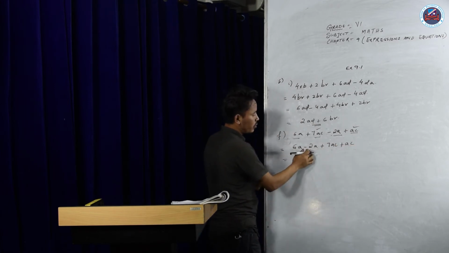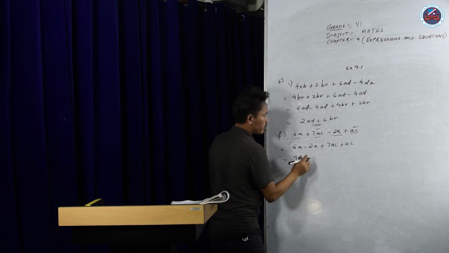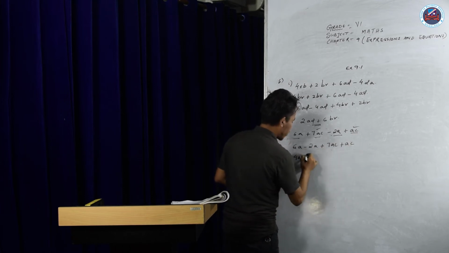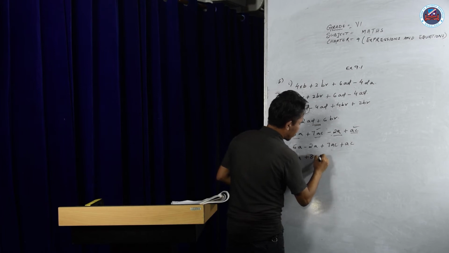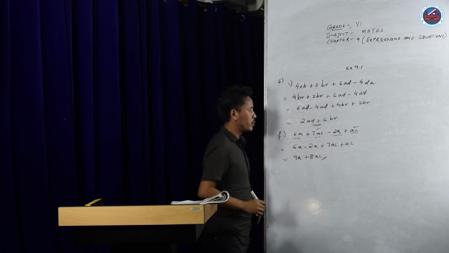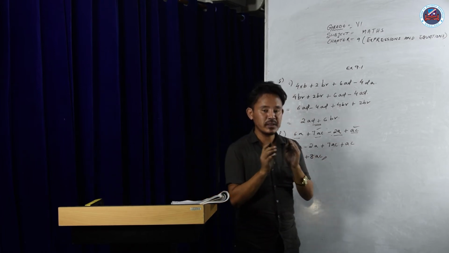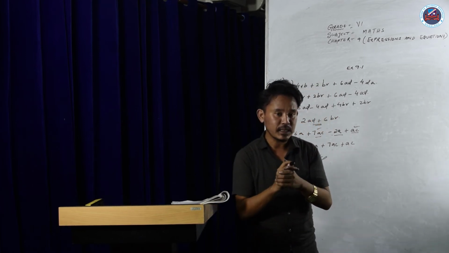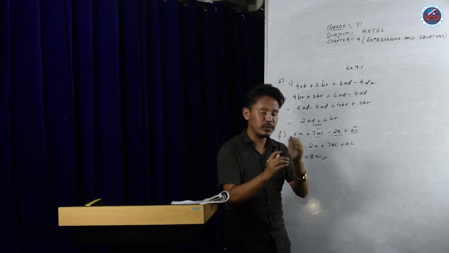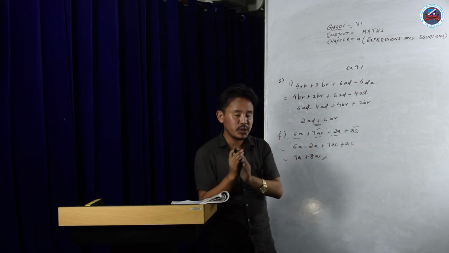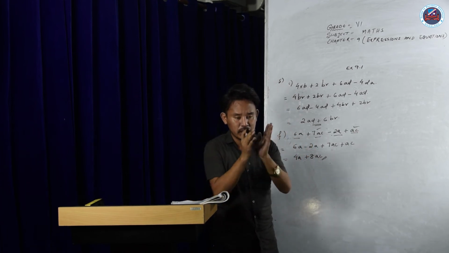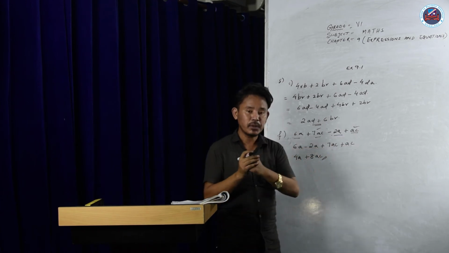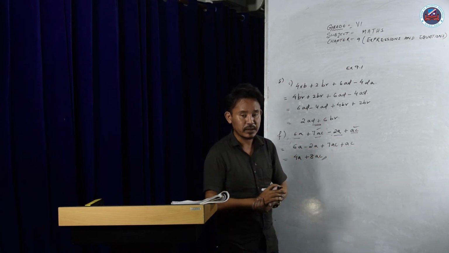From 6, 2 gone gives us 4A. 7 and 1 get added, and we get 8AC. I hope you understood it. It's very simple. The first thing you need to do is collect the like terms together, and if possible, arrange them in alphabetical order. Why? Because it becomes easier for us to understand.